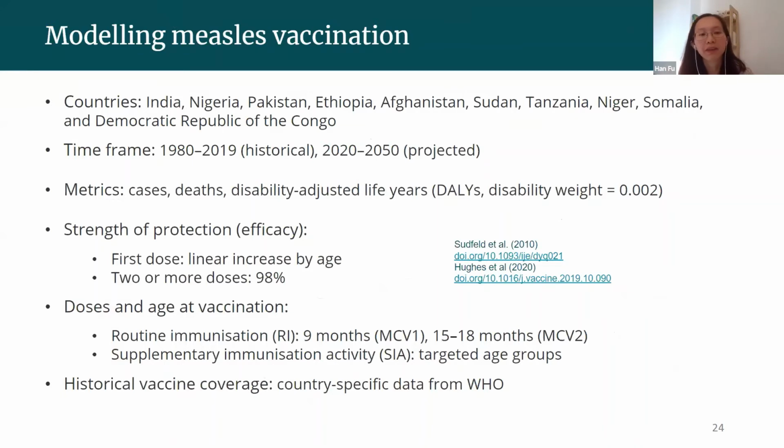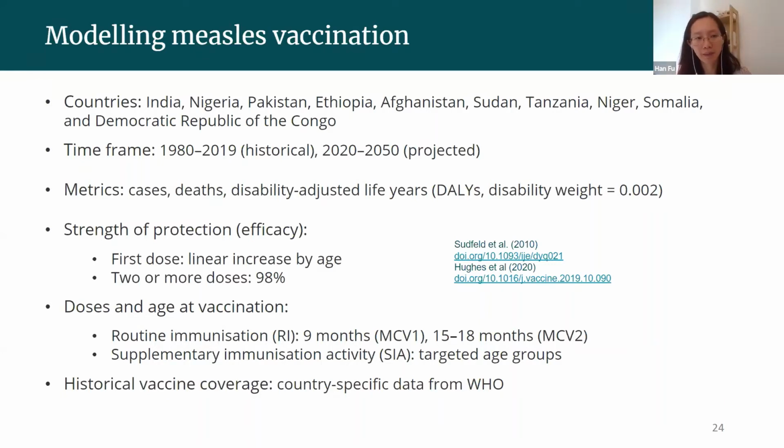We will be focusing on the 10 countries that had the most measles mortality in 2000. That's India, Nigeria, Pakistan, Ethiopia, and the other 6 countries. The time frame we are looking at is 1980 to 2050.